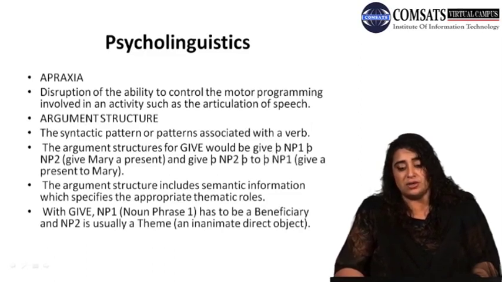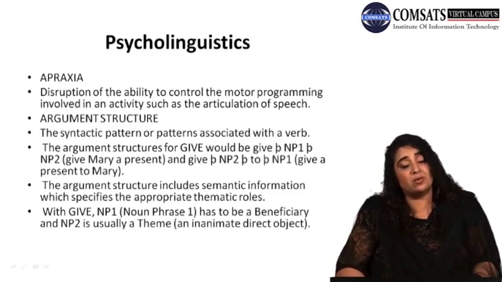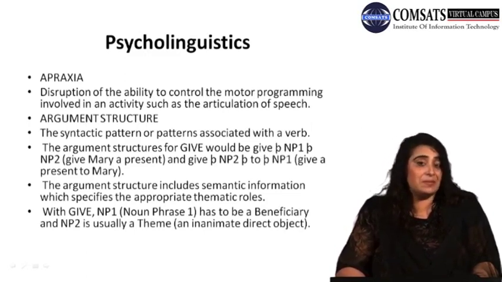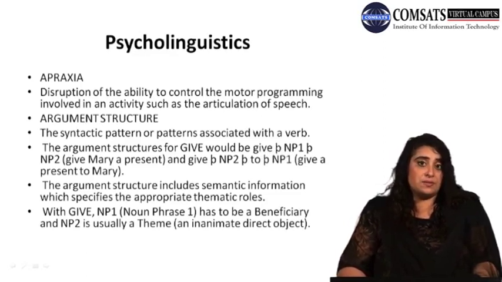So the argument structure includes semantic information which specifies the appropriate thematic roles. So with give, noun phrase 1 has to be a beneficiary, and NP2 is usually a theme, an inanimate indirect object.